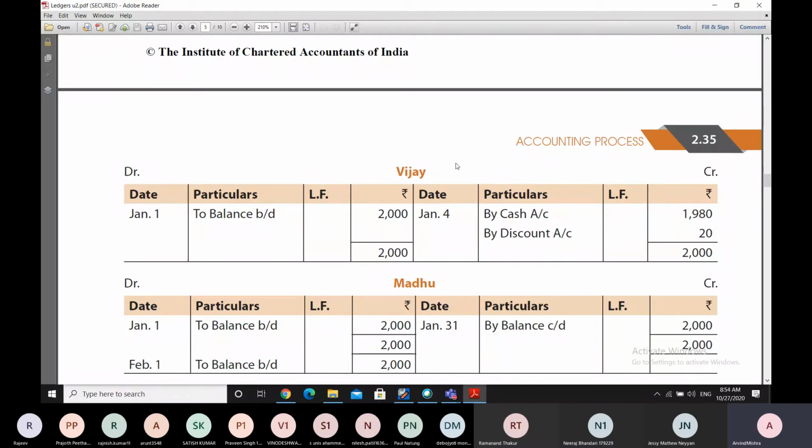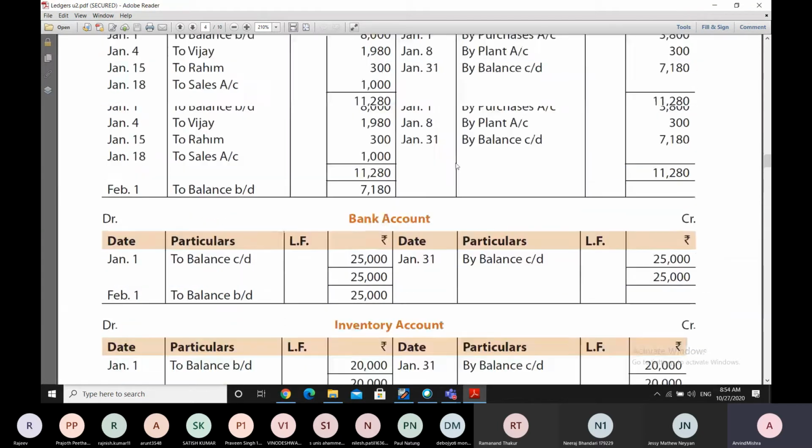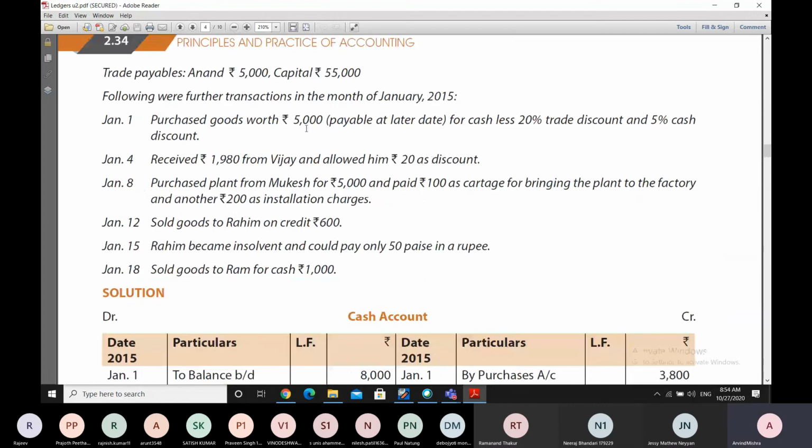So whenever there's a transaction of discount, we make a double entry, and for the transaction of cash receipt also, we have made a double entry. So although you can see here, we have received 1980 from Vijay and allowed him 20 as a discount, these will be seen as two transactions here.